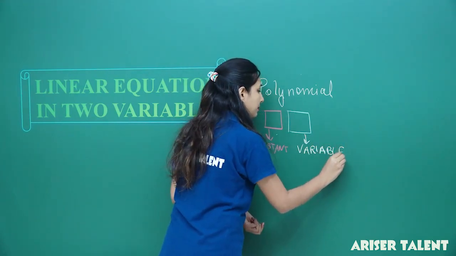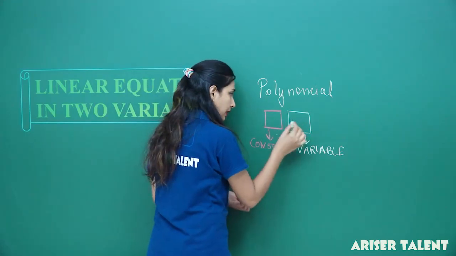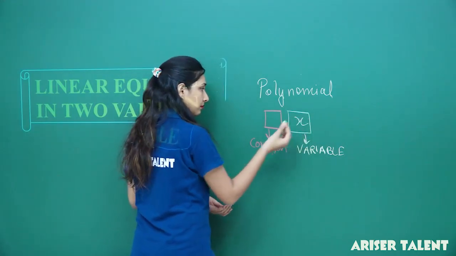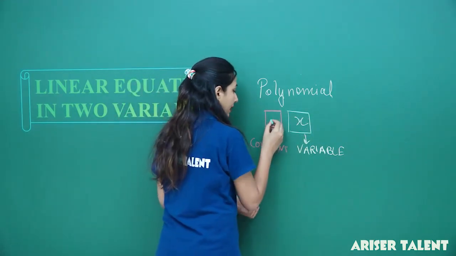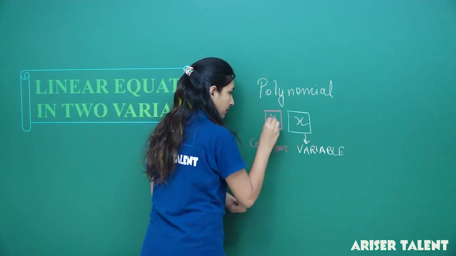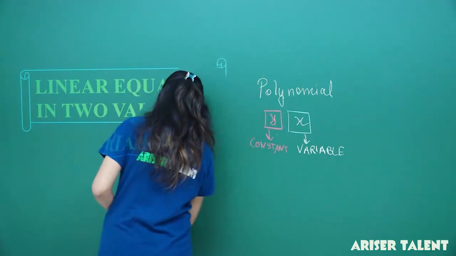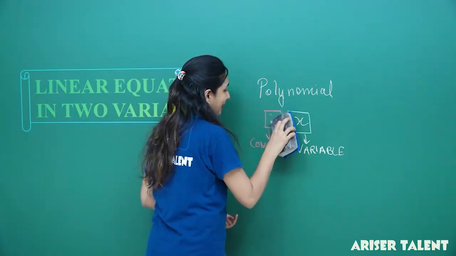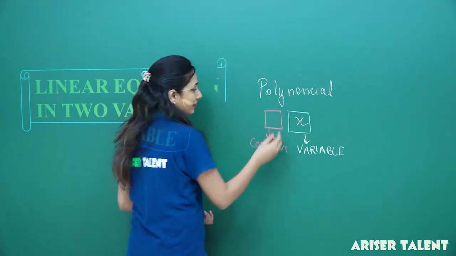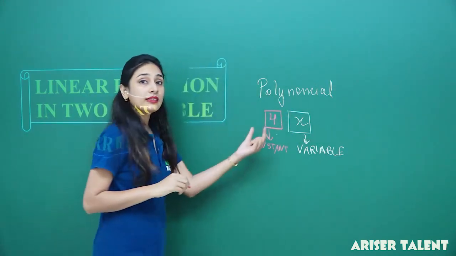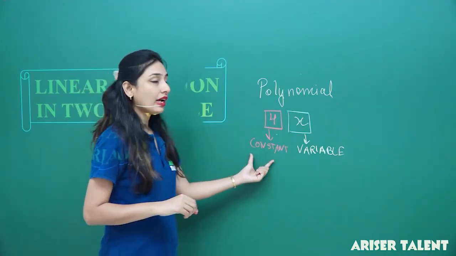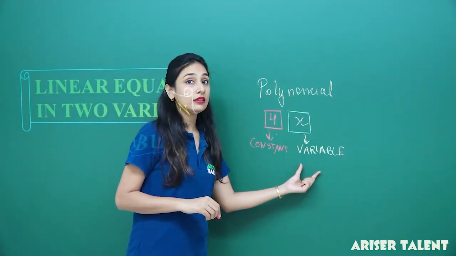For example, let it be x, like 4. So, 4x is a term in which we are having 4 as a constant and x is a variable.